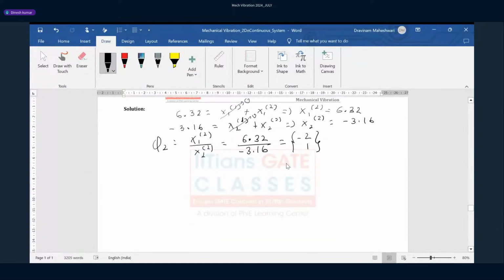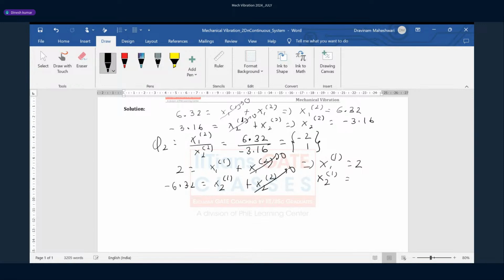So 2 is equal to x1 for first mode plus x1 for second mode, which is 0, and minus 6.32 is x2 for first mode plus x2 for second mode. Now the system vibrates only in first mode, so the second part is 0. So from here your x1 for first mode is 2 and your x2 for first mode is minus 6.32.